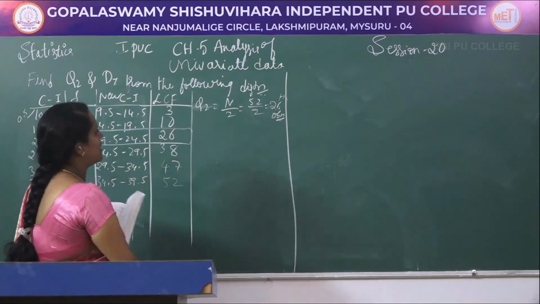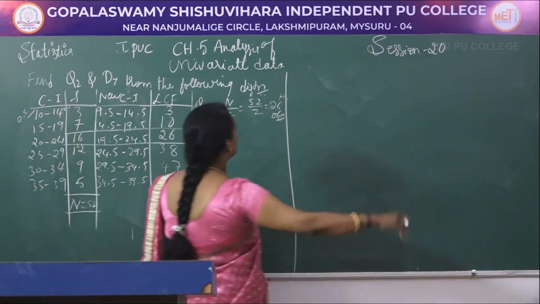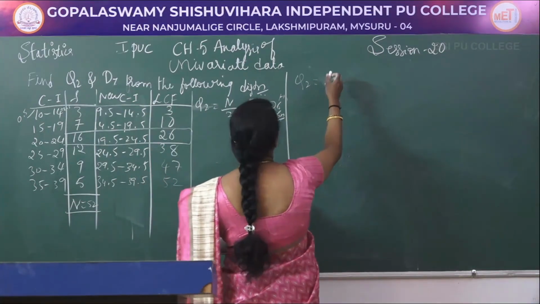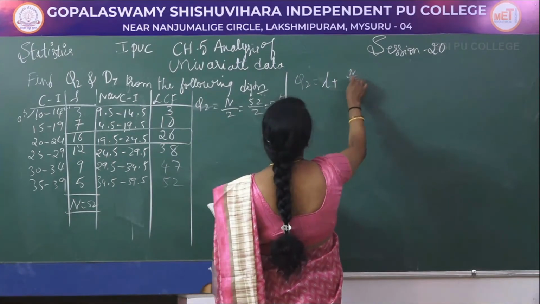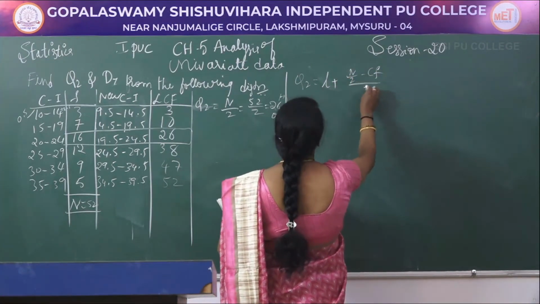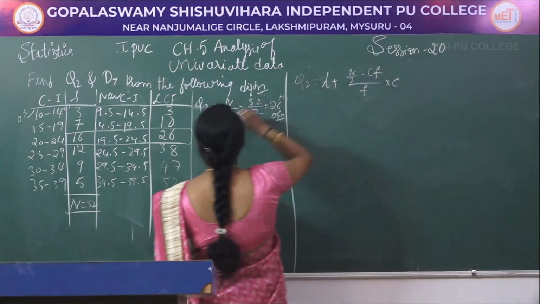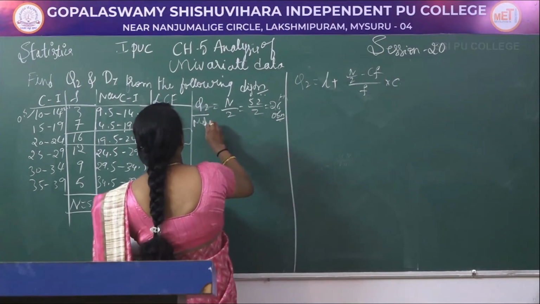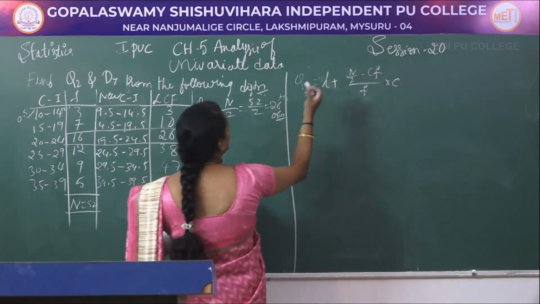We have to consider this new class interval, so that Q2 is equal to L plus (N by 2 minus CF) divided by F into C. Here Q2 is nothing but the median, so I have taken the formula of median.